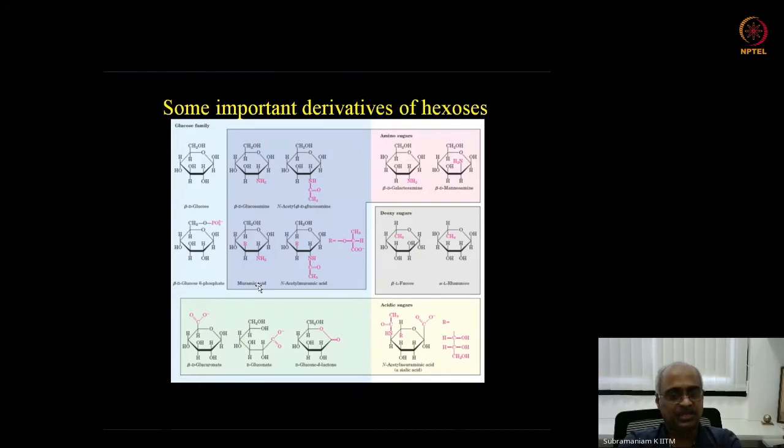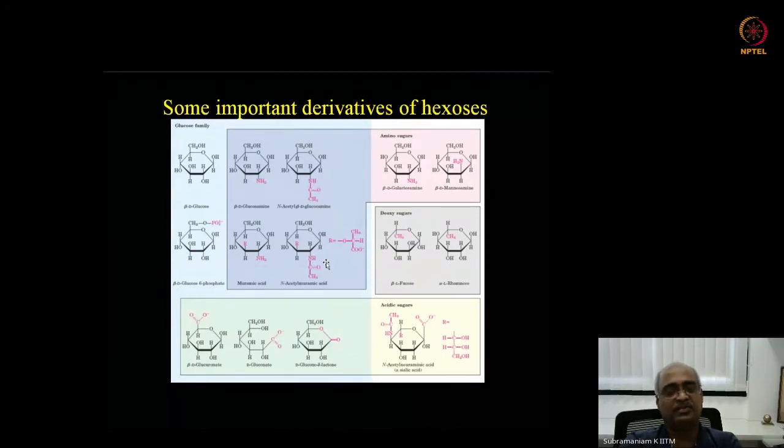This muramic acid also may have an acetyl group, N-acetyl muramic acid. This is a very important component of bacterial cell wall. We will very soon see that. And these are some of the modified versions. Basically, the major modification is the amino group, which gets derivatized with an acetyl group. And sometimes you might have a lactic acid attached as well.